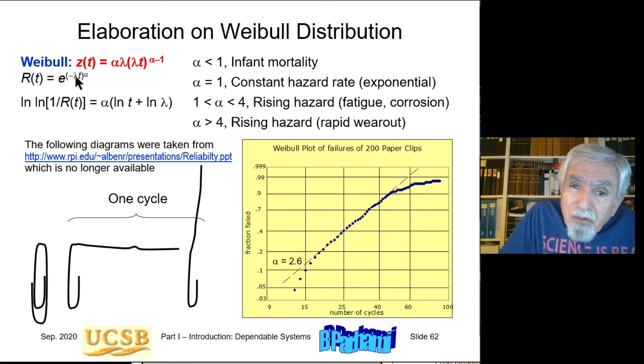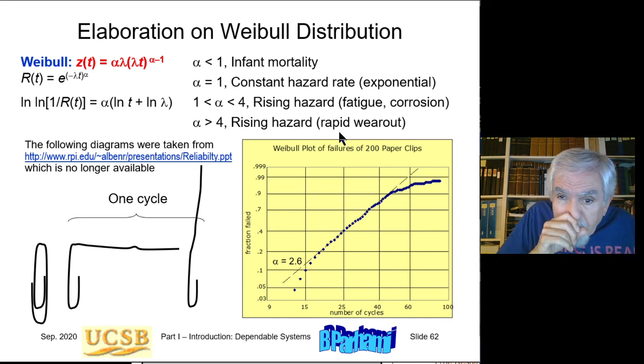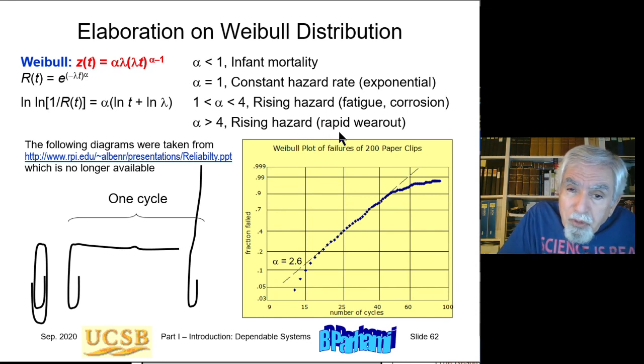Alpha between 1 and 4 corresponds to a rising hazard rate, for example, due to fatigue, aging, corrosion, and so on. Alpha greater than 4 is a very rapidly rising hazard rate, where you have rapid wear out due to some unusual conditions. This is the nice thing about Weibull, because it can model different things by playing with this parameter alpha.